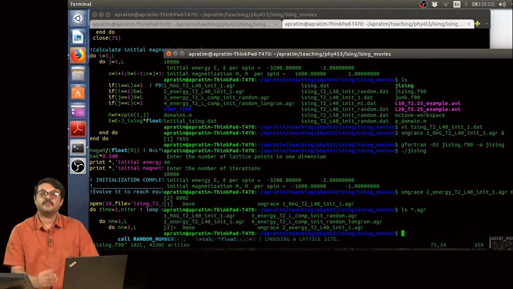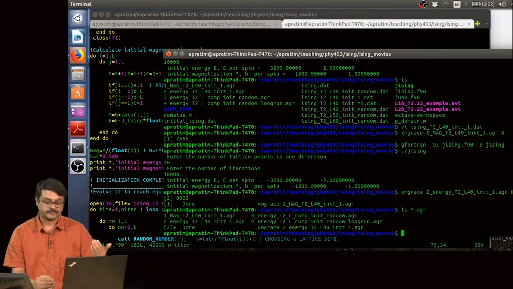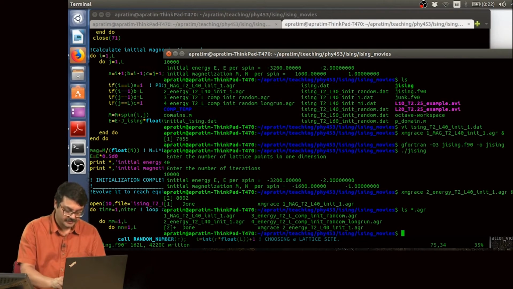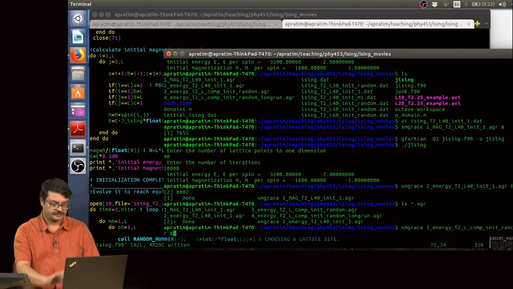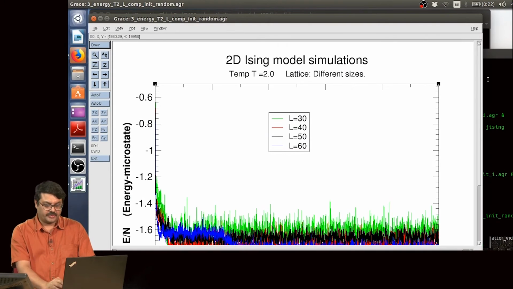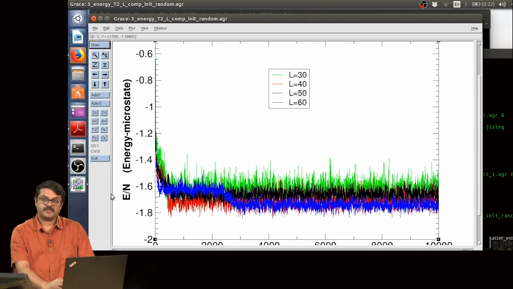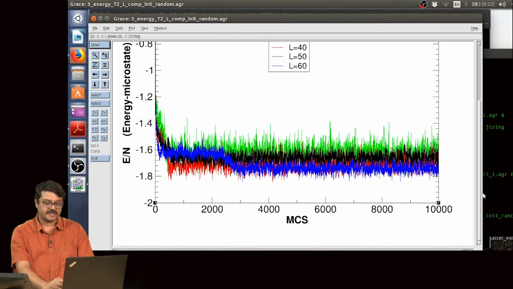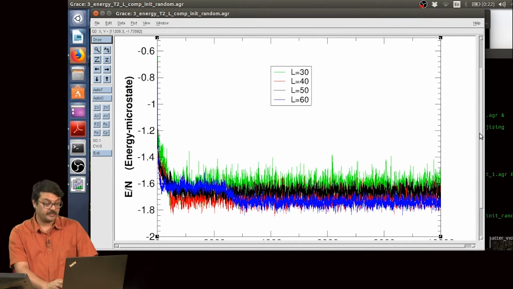So, I have already plotted the data for different box sizes. I have already run the code. I am going to just show you the data. Here we are again looking at 2D Ising model simulations, where I am plotting energy per spin versus the number of Monte Carlo steps, MCS, and data is being plotted for L equal to 30.